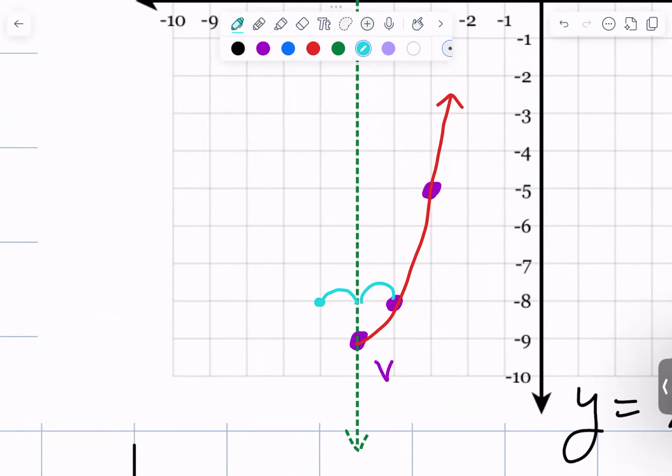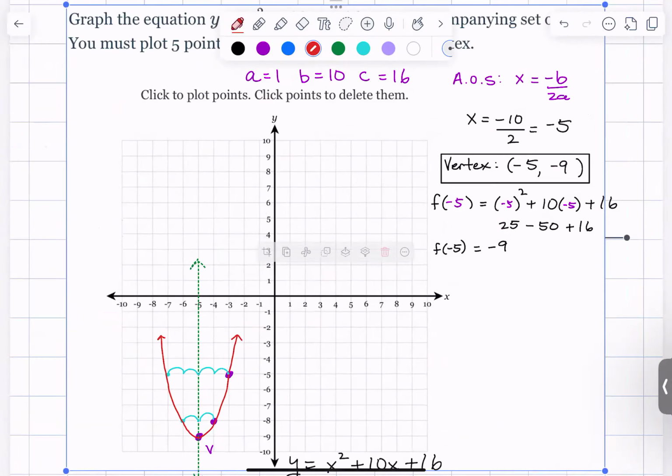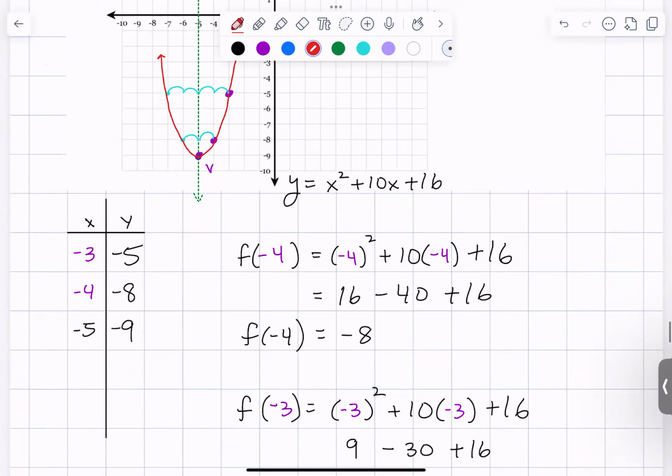This point here, 2 units away, so go 2 units away is that point. And now we've got our other side. If you want to finish out the chart, it would be -6 and -7, and we would have the same y values as their mirror. Cool? And that's using algebra.